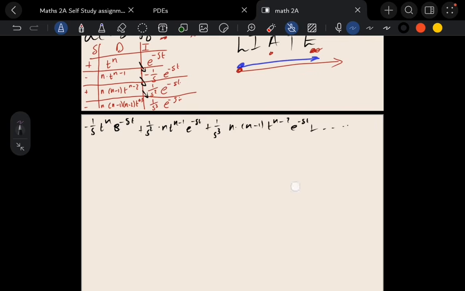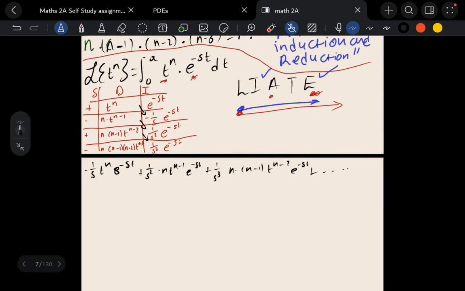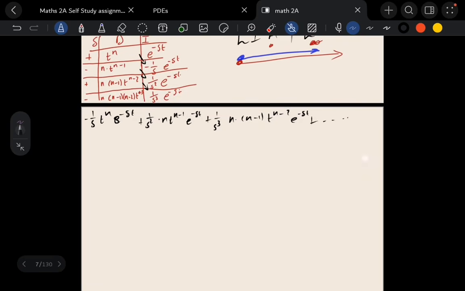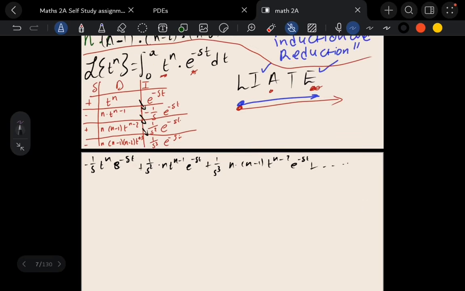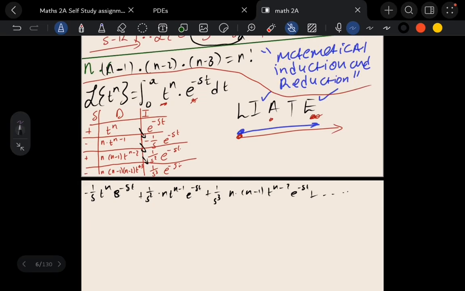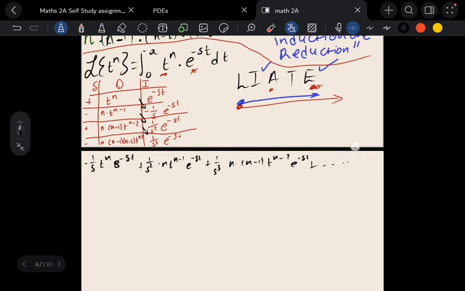But what you can notice is that when t approaches infinity, the thing becomes 0 for e, and it goes 0 when t is equal to 0.